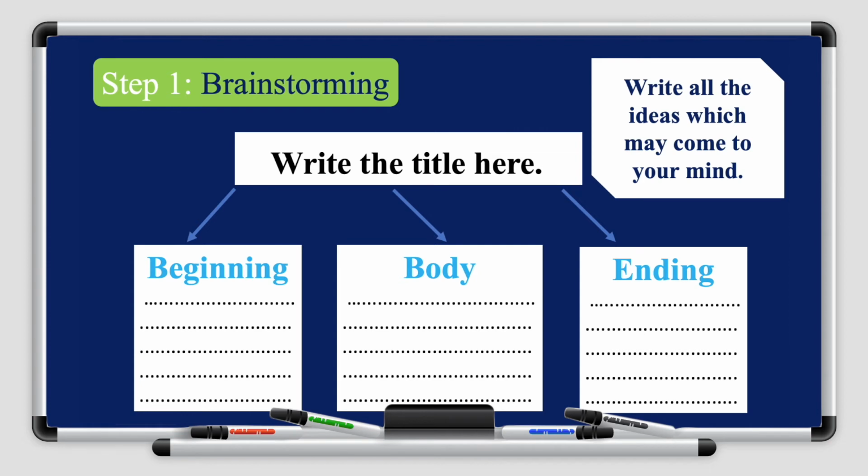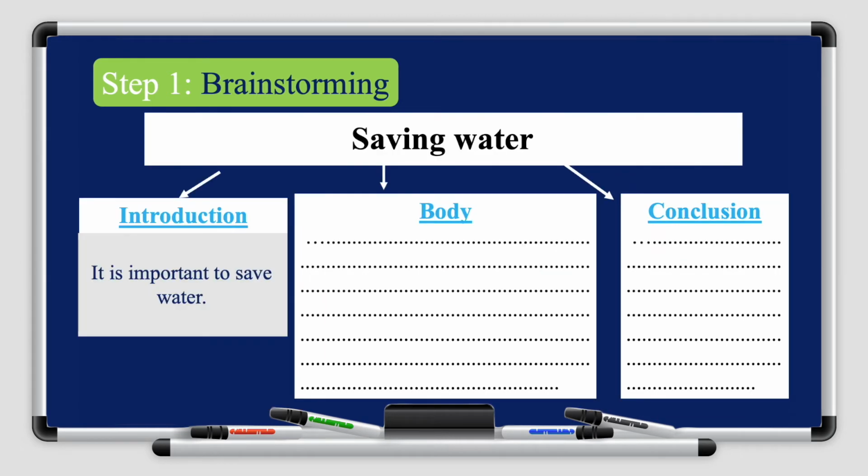So after looking at the pictures carefully, now we can start with the first step, brainstorming. It is important to save water. Here, this is my main idea, what I want to write about. So all my supporting details are going to be about how I can save water.